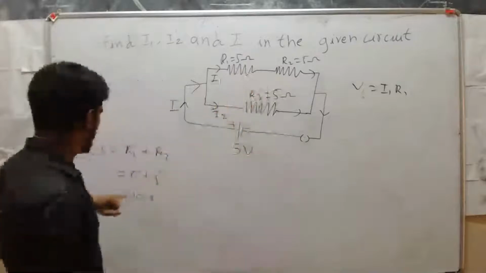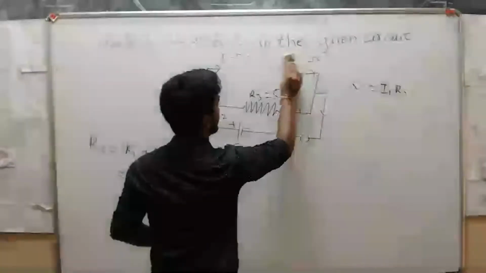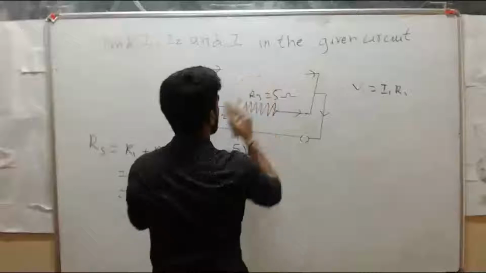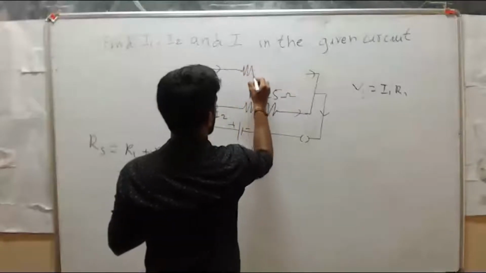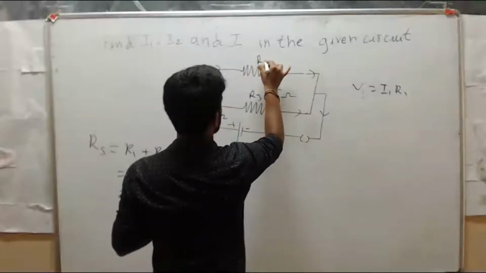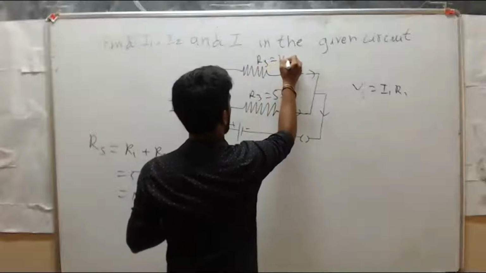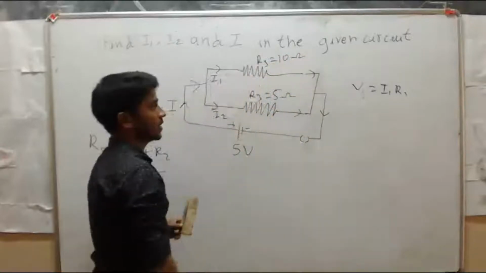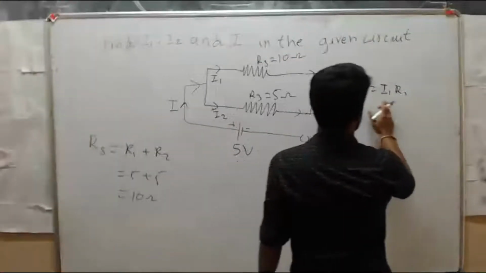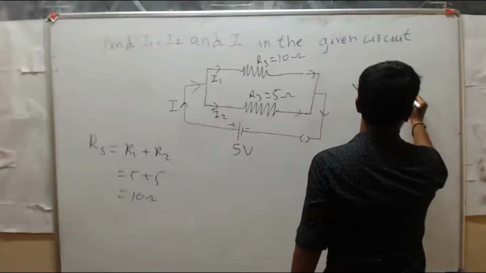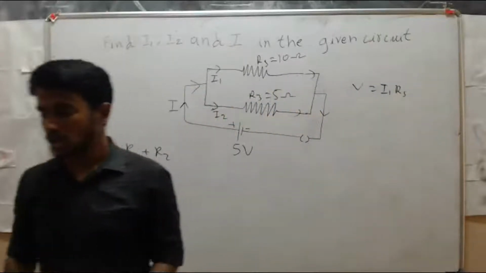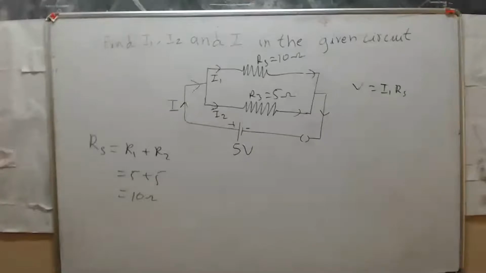If we solve these two, it will become one resistor. Now this is RS, RS is equal to 10 ohm. Now V is equal to I1 into RS.